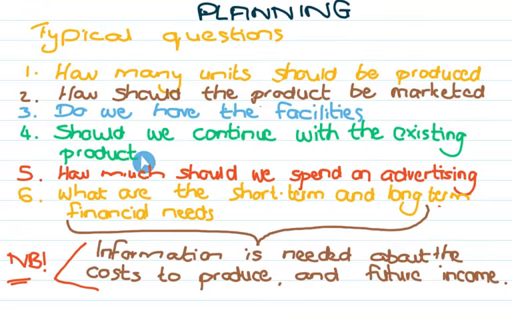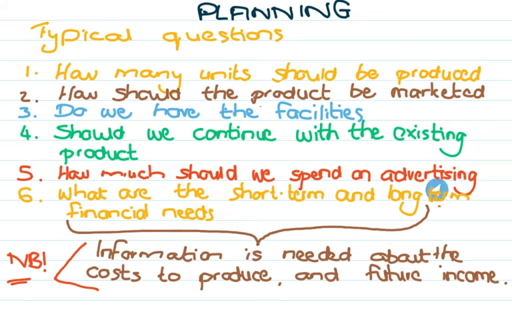Should we continue with the existing product? It's not to say that you will phase out the existing product. Maybe you will keep on with the existing product and just now enter the market with a new product also. And then how much should we spend on advertising purposes?